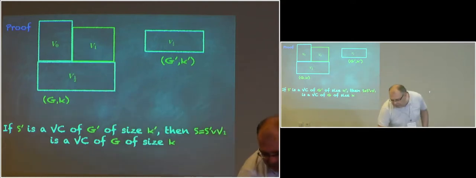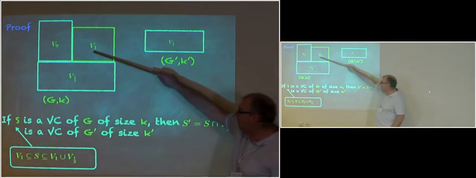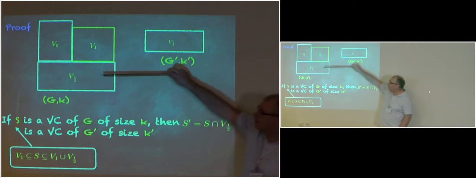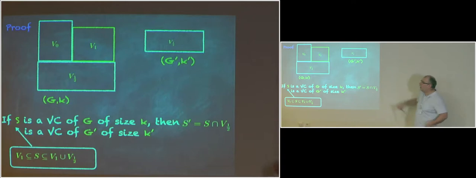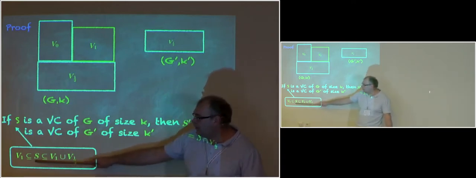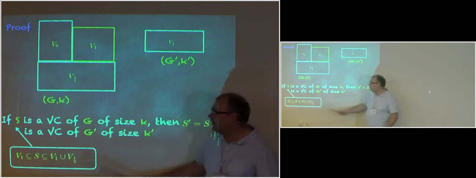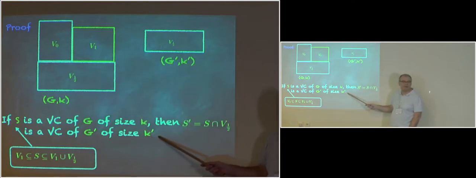And in the opposite direction, what's happening here? If I have a vertex cover S of size K, then I take S prime as the part of S which lives in V1/2, S intersect V1/2. I know that by the Nemhauser-Trotter theorem there is always a vertex cover which is a subset of V1 and V1/2, which means that the size of this vertex cover is exactly K prime, K minus the size of V1.